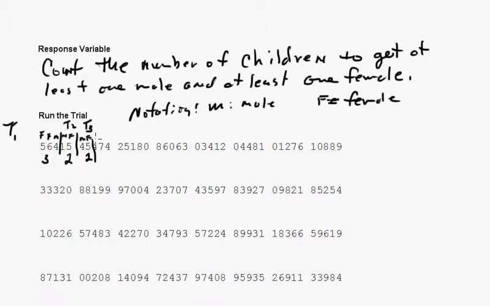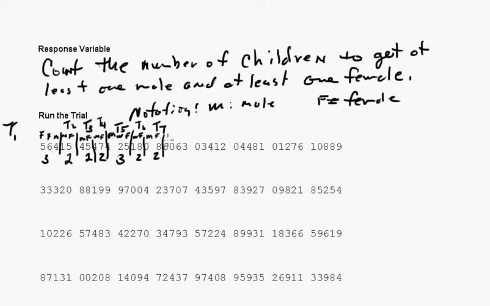Then a male and a female, so 2. Trial 4: I got a 4 here, so that's a male, and then a male, and then a female. So that's 3. Trial 5: male, female, 2 again. Trial 6: male, female, 2.